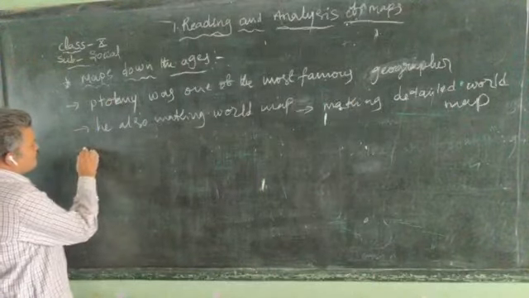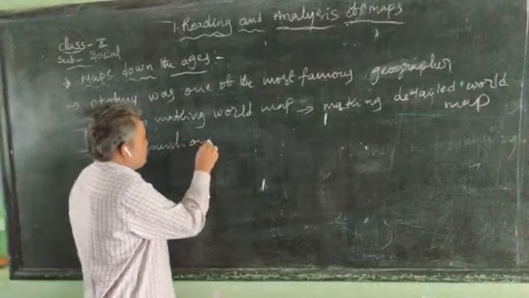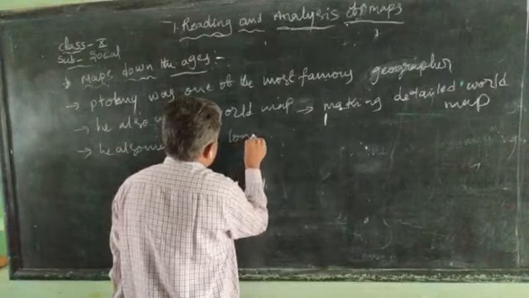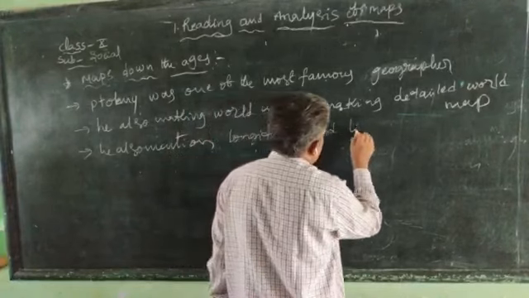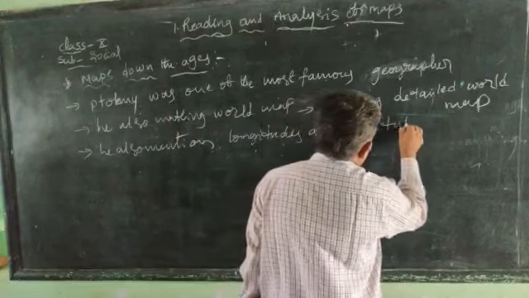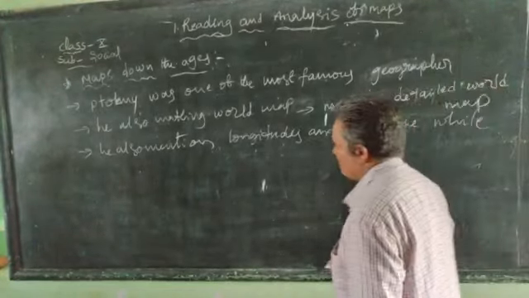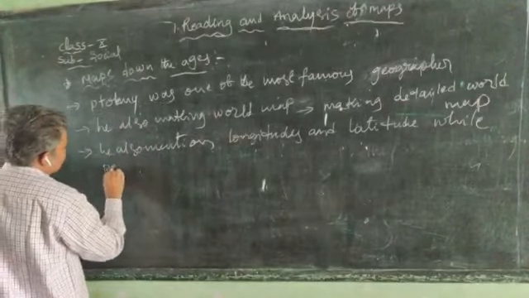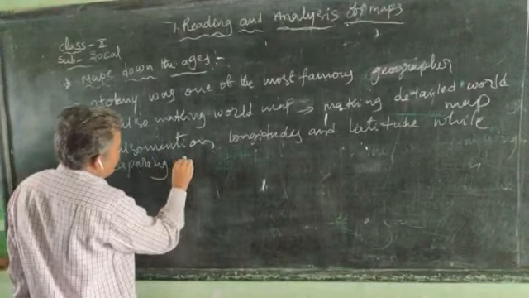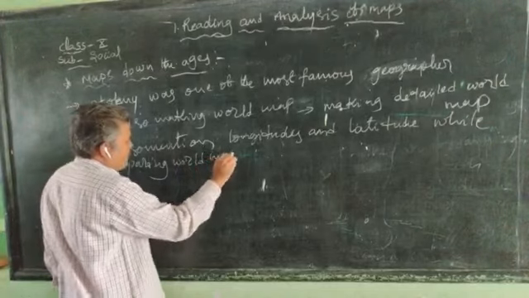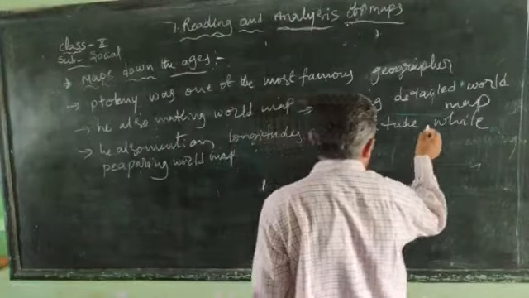He mentioned longitudes and latitudes while preparing the world map. What is a detailed map?